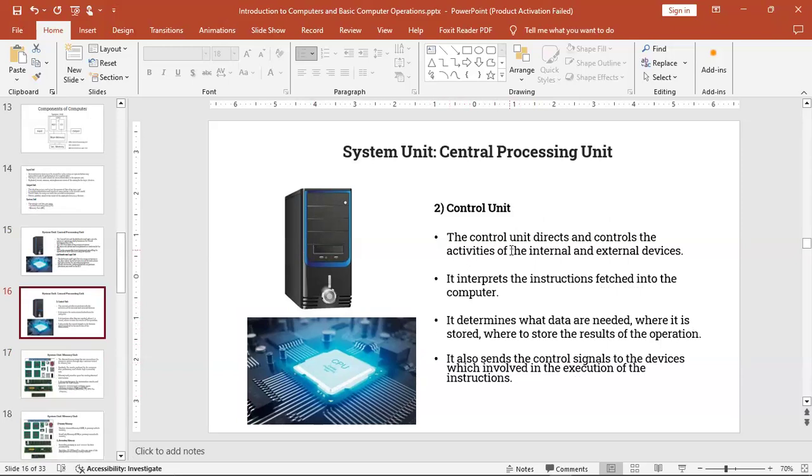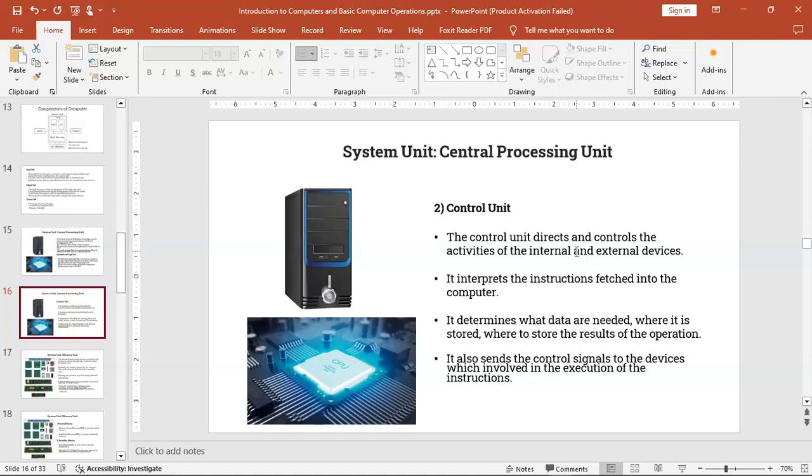The control unit directs and controls the activities of the internal and external devices. Remember, I said that when you think about something, you have already processed that in your mind, you have already taken the decision in your mind. That's the arithmetic logic unit.